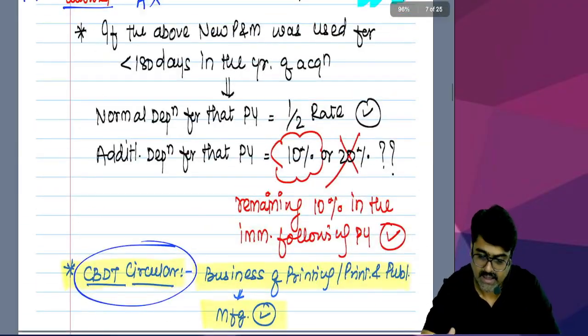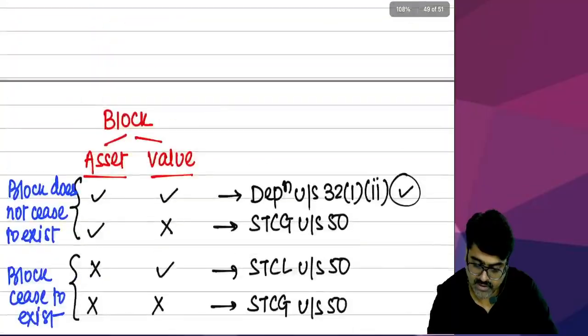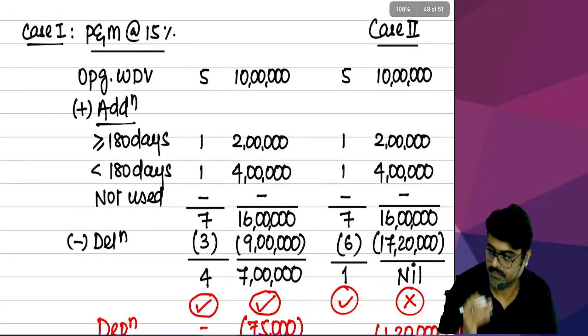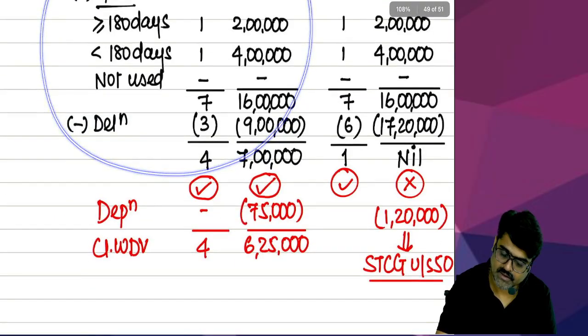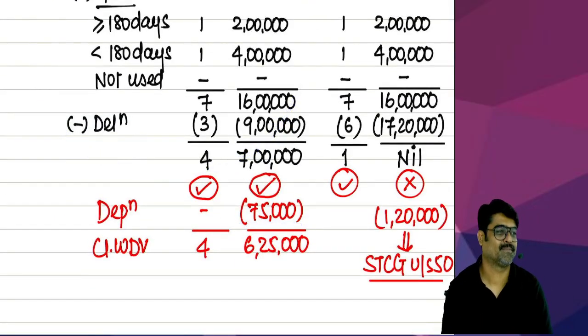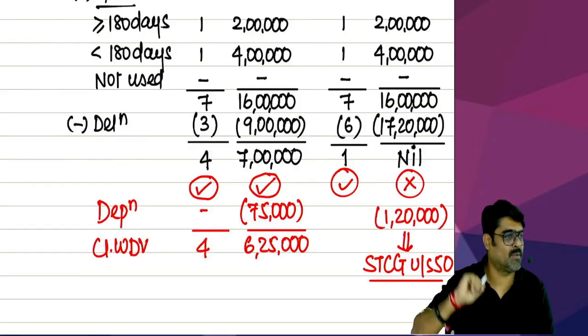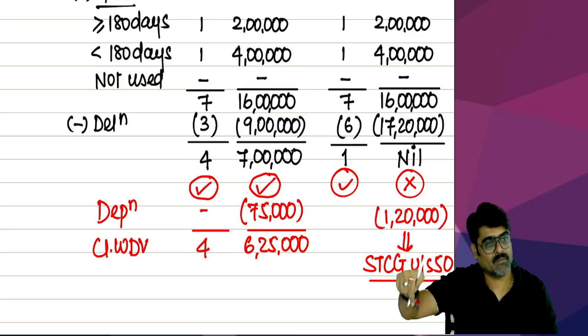Now see, case number 1. Did you calculate depreciation? How much? This was your normal depreciation. Now, for example, this is a plant and machinery block of an assessee doing a manufacturing business.